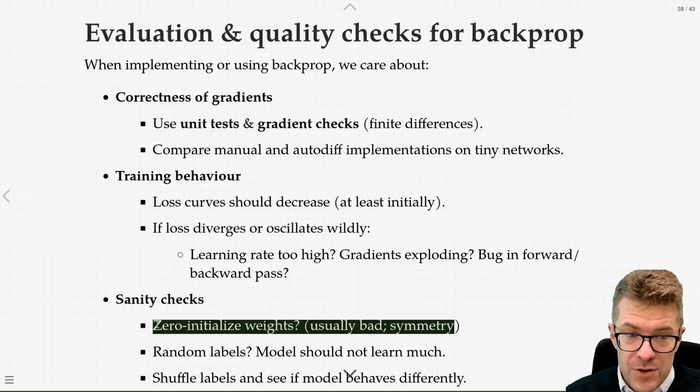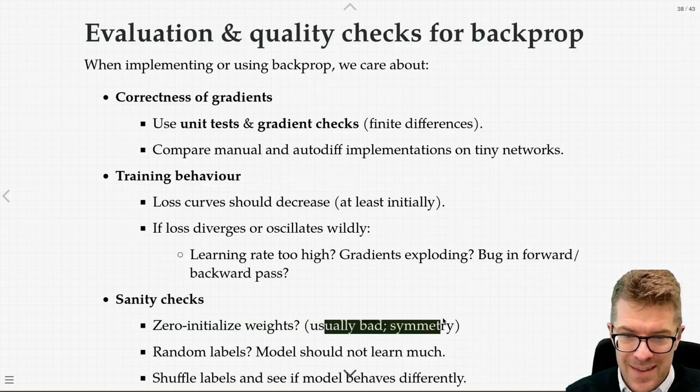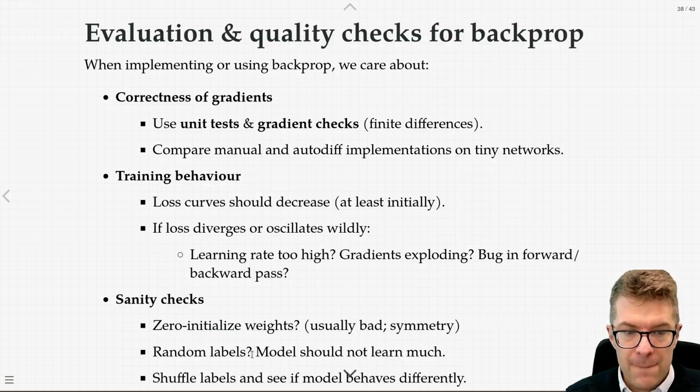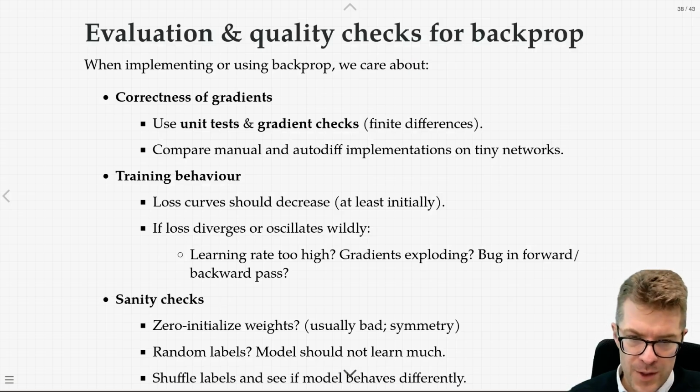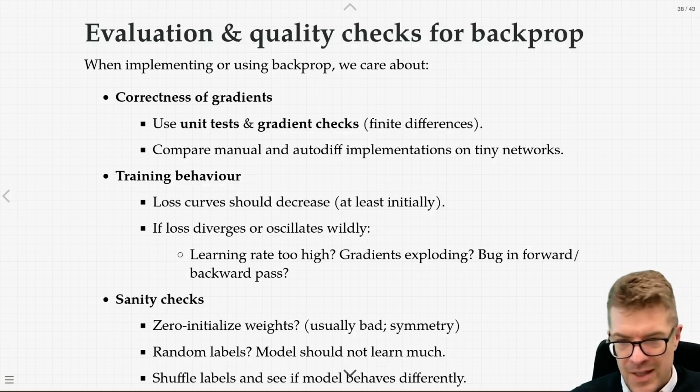There's a couple of things you can do. You can zero initialize your weights. This is a bad thing to do, but you can go ahead and try it. You can also use random labels; I think I mentioned this before. If you take your true values y and randomly permute them, you change some positives to negatives and some negatives to positives in your gold standard true outputs, and then try to train a model again on this totally randomized gold standard, you should not be learning anything because the labels are now meaningless.